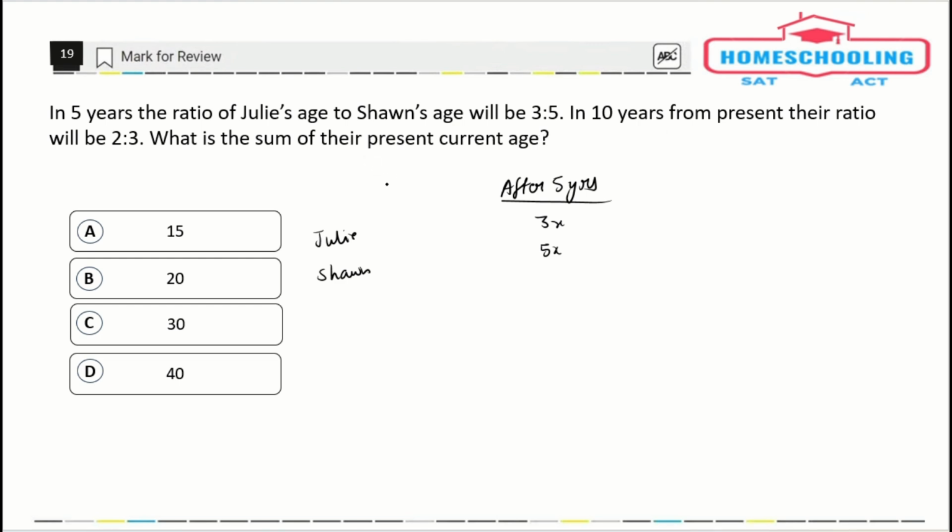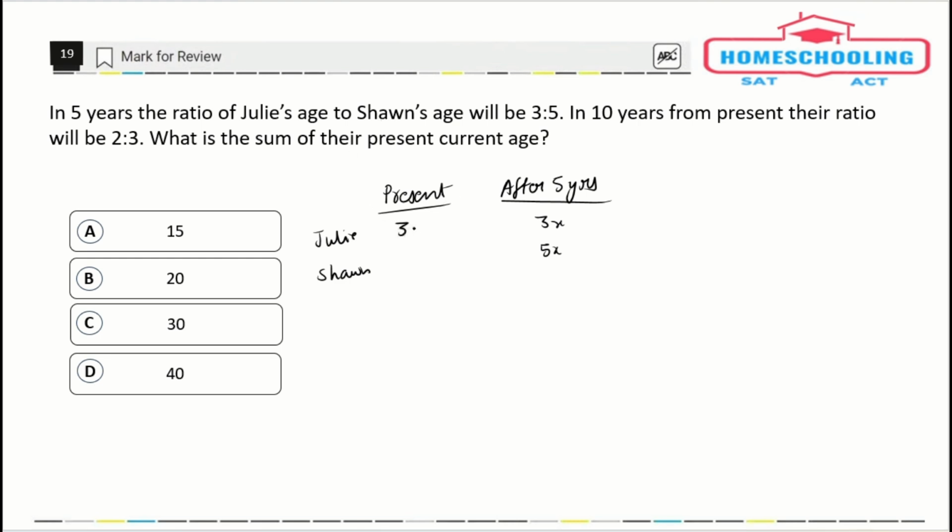So what is going to be the present age of Julie and Sean? Because after 5 years, their ages are 3x and 5x, so in the present we have to move 5 years back.